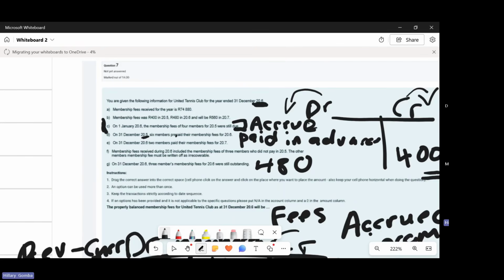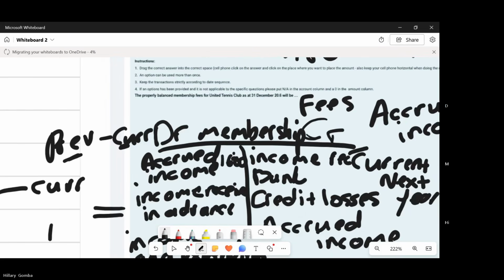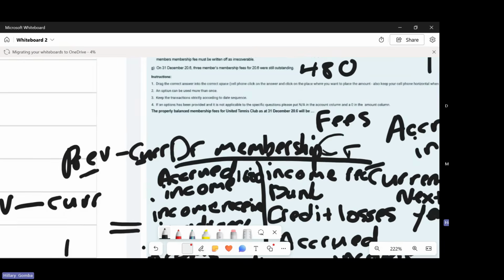All right. So now going back to our question, they said on 31 December 2025, 6 members paid their membership fees for 2026. Now you tell me the answer. Where am I putting it? Debit, right? And how much?